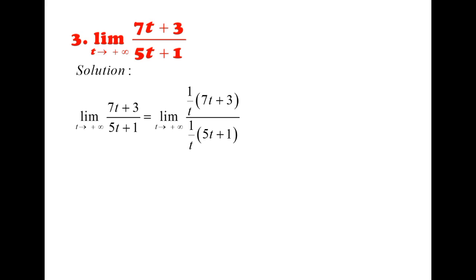As you can see in the given solution, we have now 1 over t in both numerator and denominator. After that, we're going to distribute this 1 over t to 7t, then 1 over t to 3, as well as 1 over t to 5t, then 1 over t times 1.